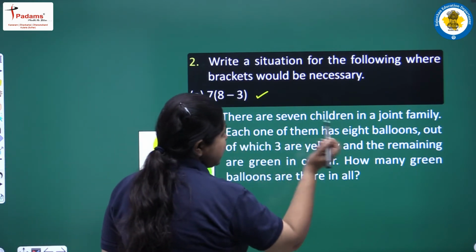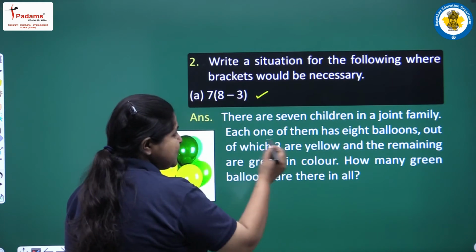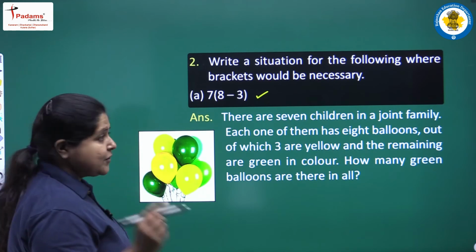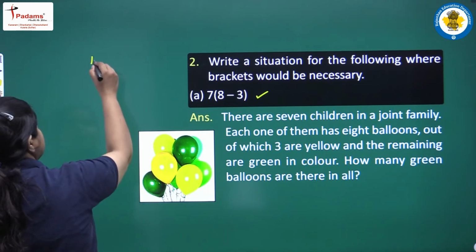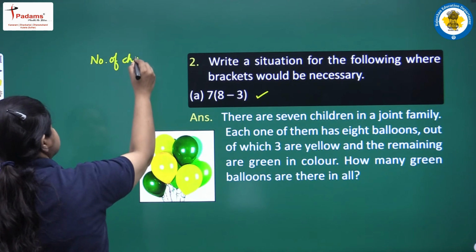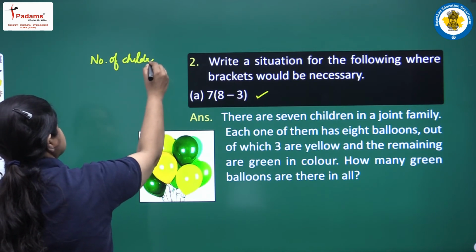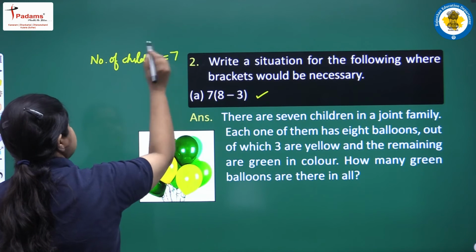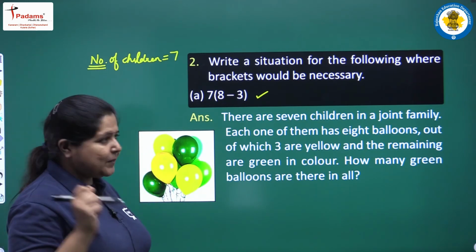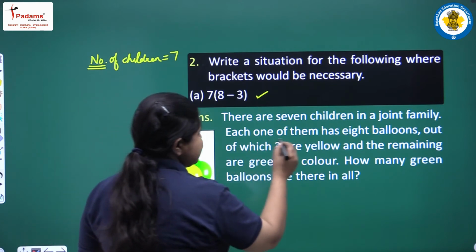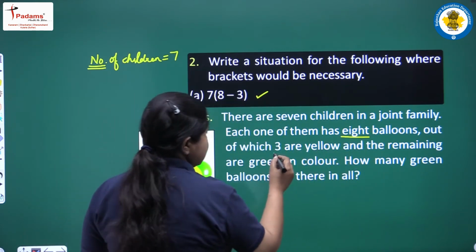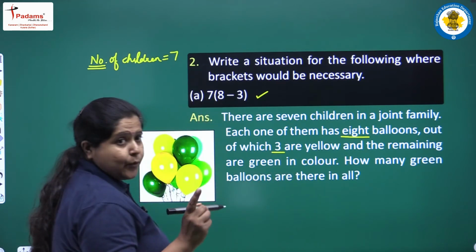There are 7 children in a joint family. Each one of them has 8 balloons. So, the number of children is 7. Each one of them has 8 balloons, out of which 3 are yellow.